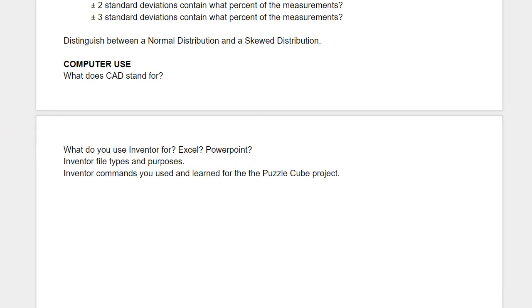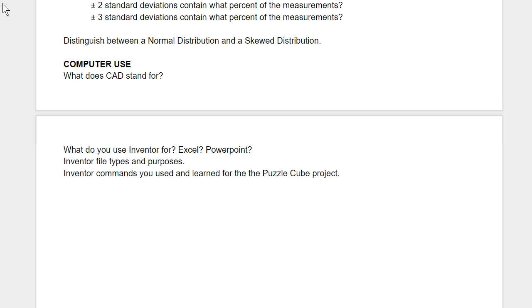You need to know what the acronym CAD stands for. You need to know what you would use Inventor for, and Excel for, and PowerPoint for. You need to know the Inventor file types, like a .ipt is an Inventor part. .idw is an Inventor drawing. .ipn is an Inventor presentation, that sort of thing.